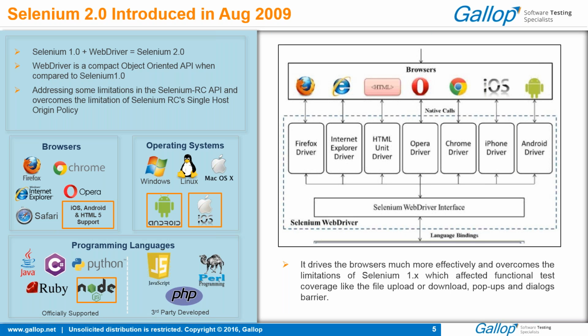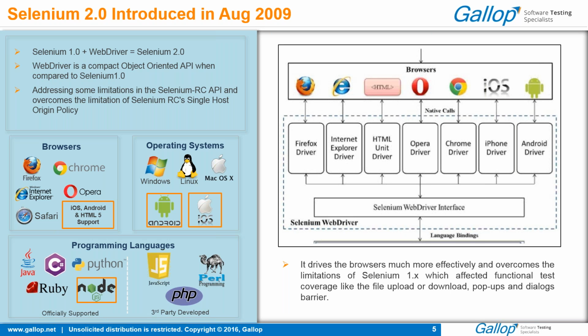And he created a wrapper on top of HtmlUnit, a testing tool which was widely used at that time. He used the adapter pattern, and during that time WebDriver was supported only in Java. So these are some of the details of WebDriver during its initial stages.